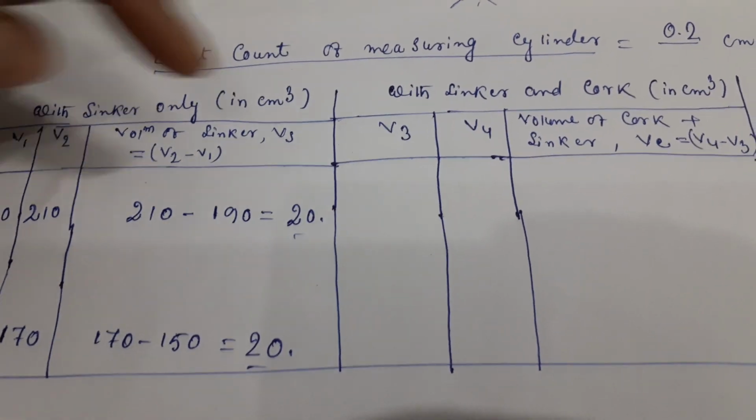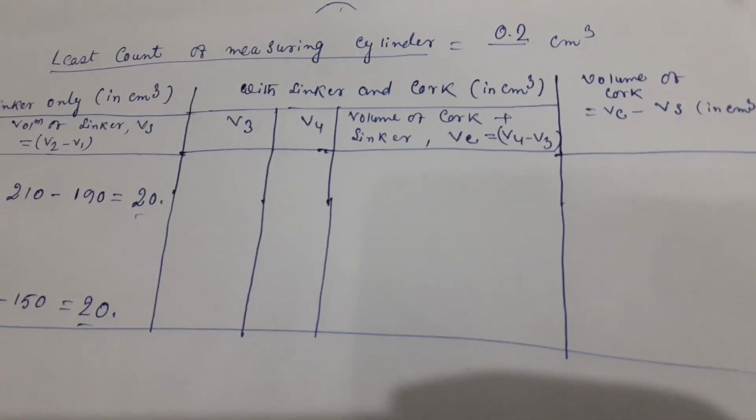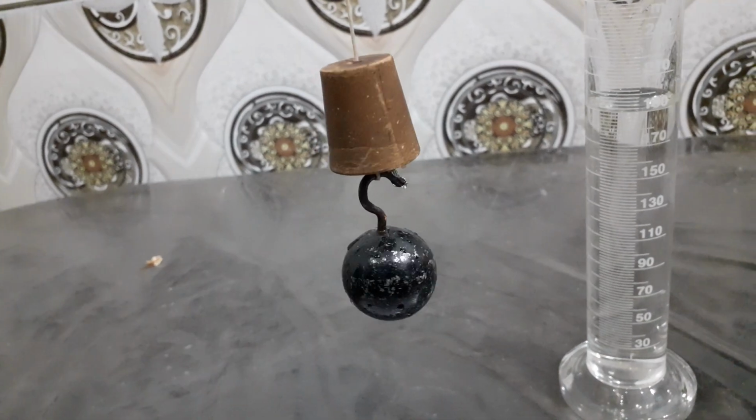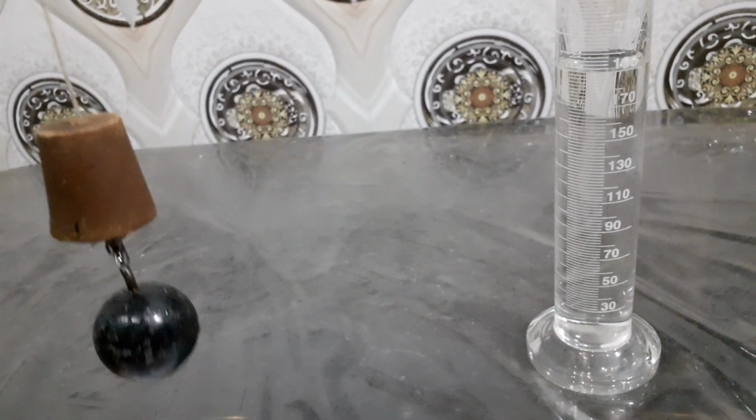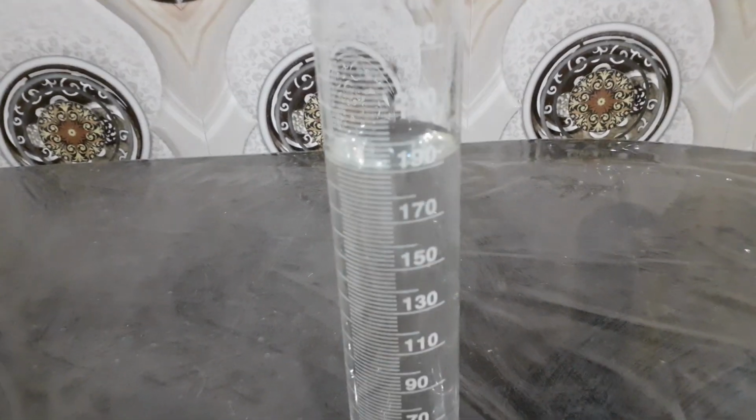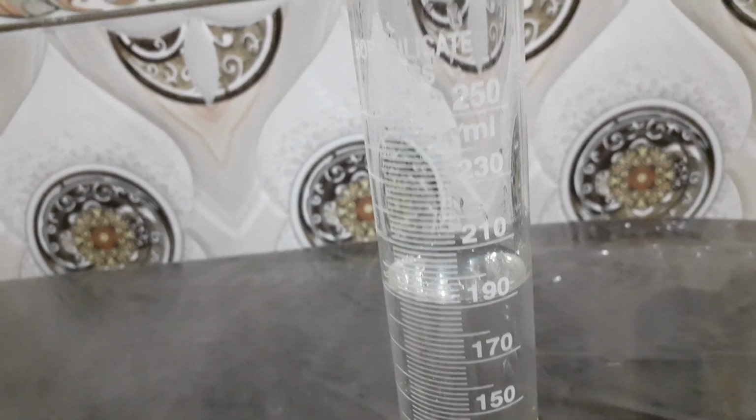Now the second type, with sinker and the cork, that means two things will come here in this case, and I will insert them inside the liquid and we will calculate the rise in the water level. So here we will put this one inside.